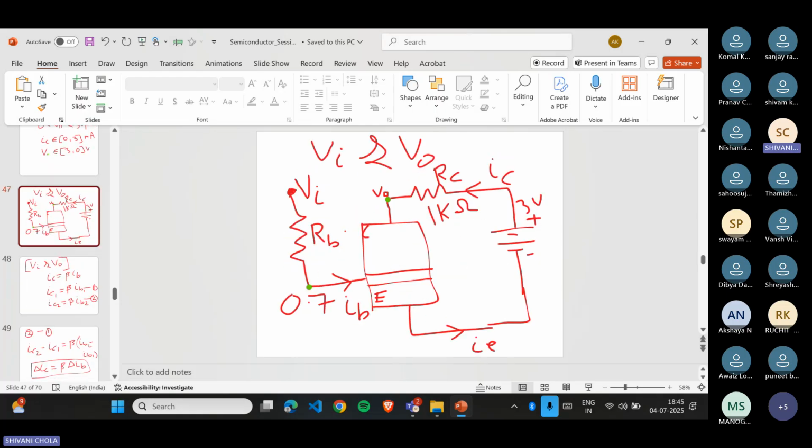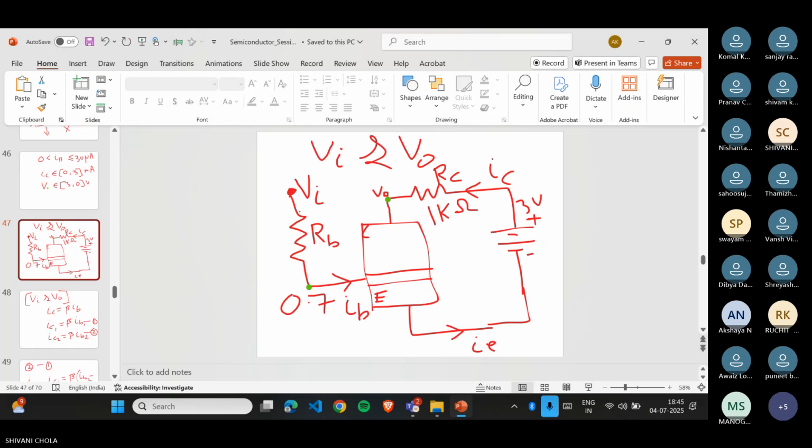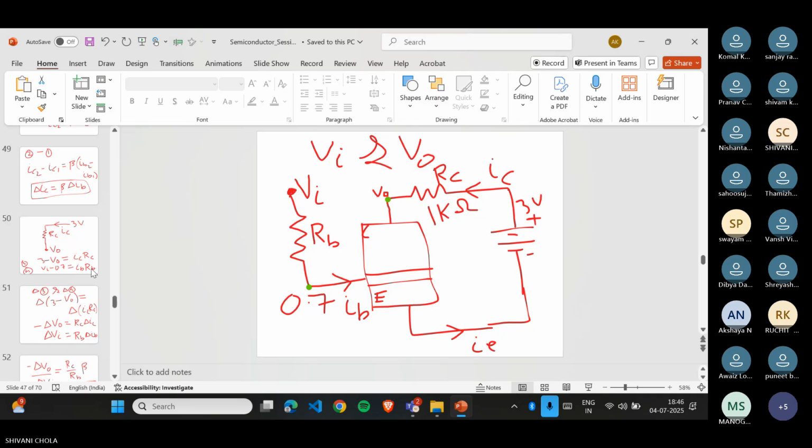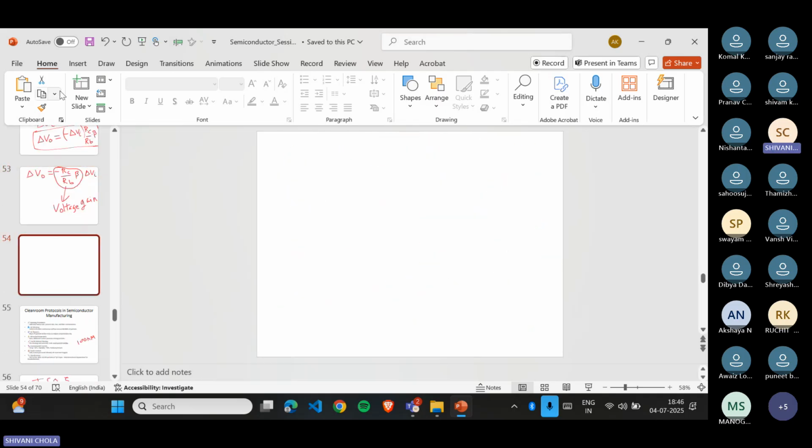If you increase the potential at this point, the current flowing through this will get reduced. Let's say you use a value of 1 over here, so 1 minus 0.7 is 0.3, and if you use 2, then 2 minus 0.7, so obviously you will have more potential difference.